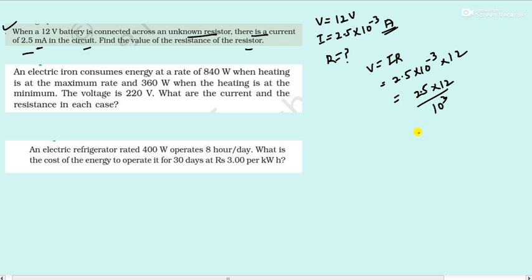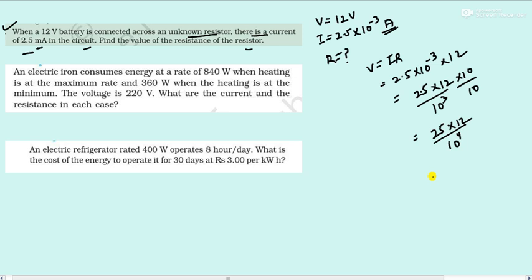Okay, so when you solve this, how much are you going to get? If I multiply here by 10, again 10. Why? Because this becomes 25, this is 12, this becomes 10 power 4, right?